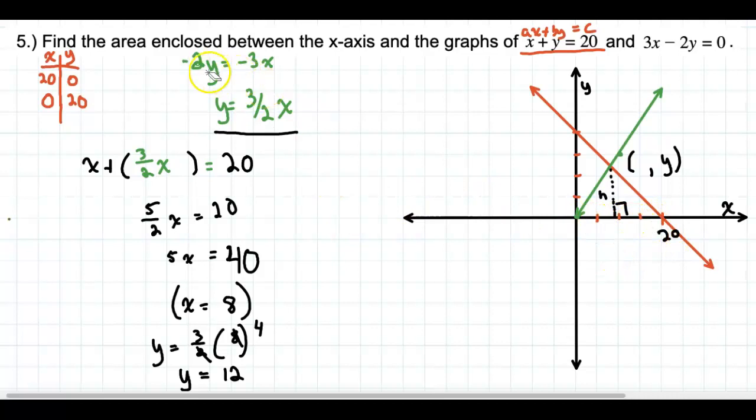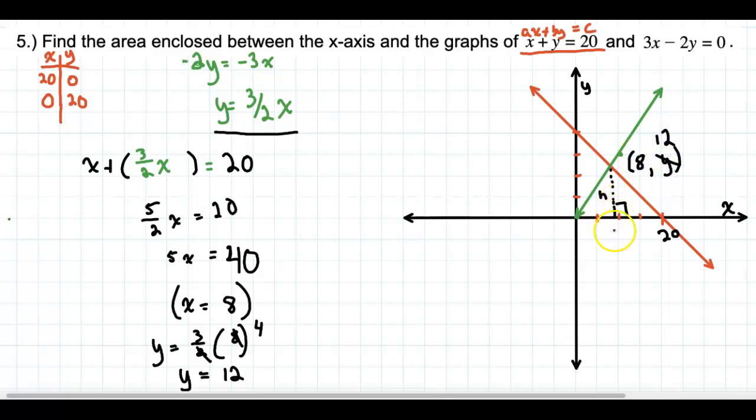Okay, so now how do I find that area with the height being 12? Let's just put the coordinate in there. So we had 8, and this is 12. Right, put that there.